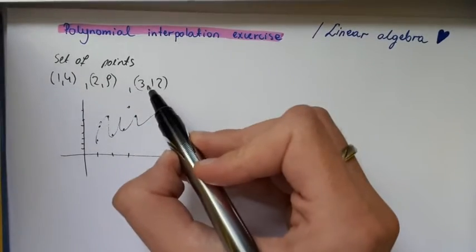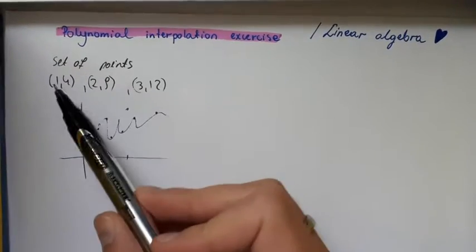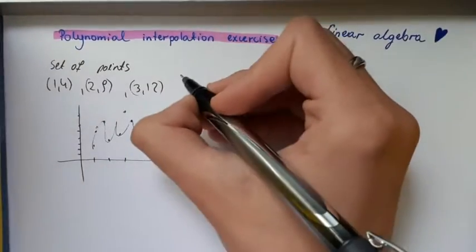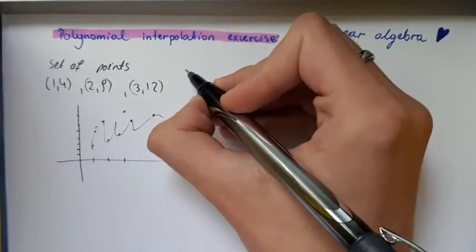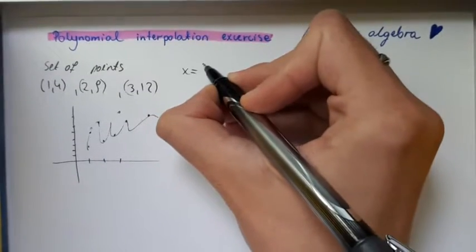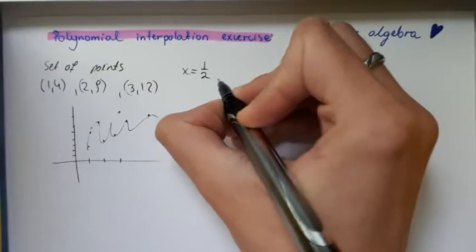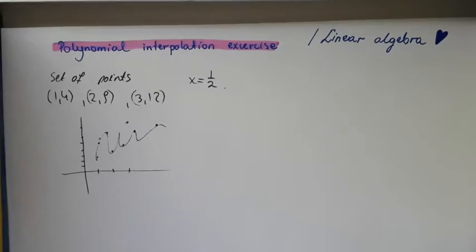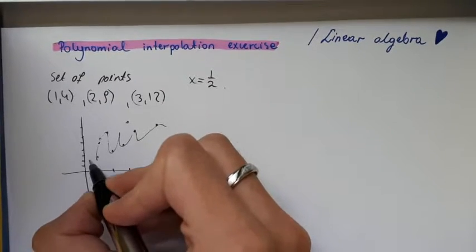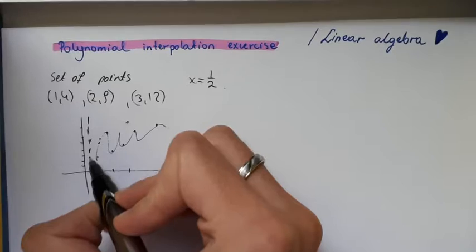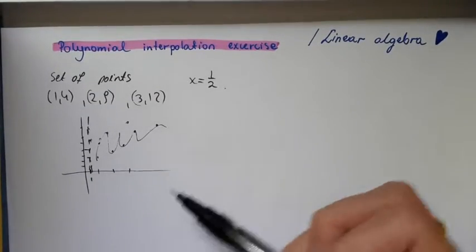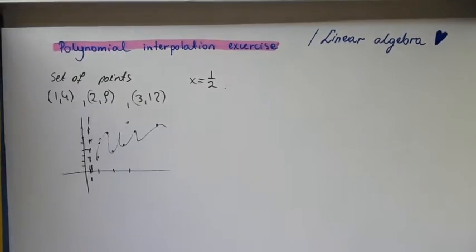So let's take these points and see how we can predict the values for x = 1/2. So you want to predict, let's say over here, what the y value will be. That's just a picture to help you remember what it is.